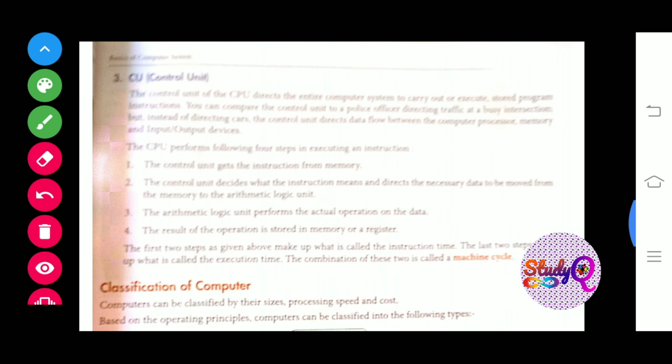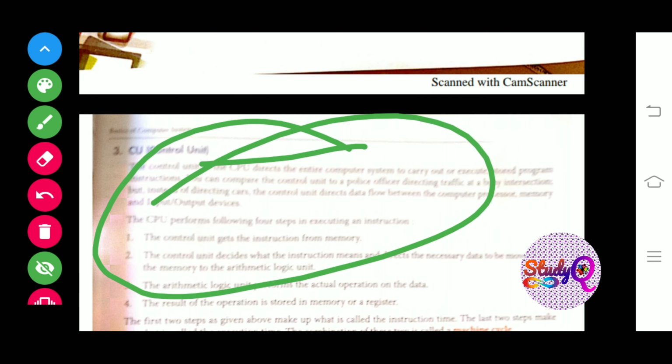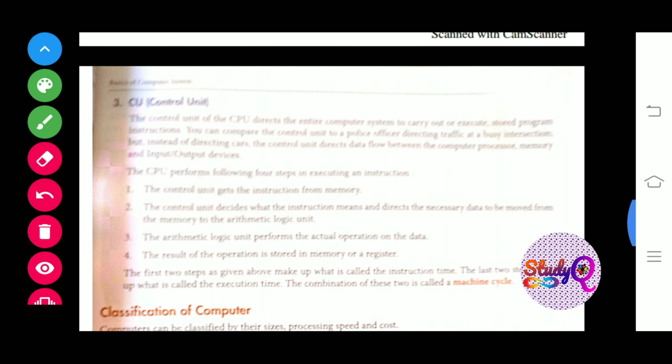Now the control unit. It is a little bit blurred. I can understand you are not able to read it, but I am dictating it fluently. The control unit of the computer's CPU directs the entire computer system to execute programs.